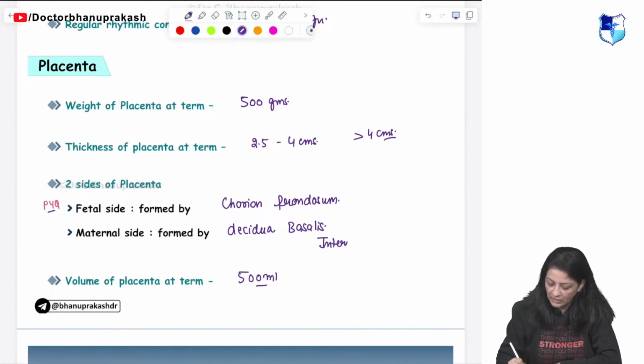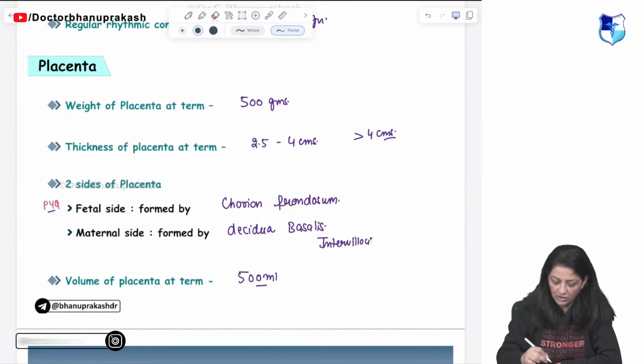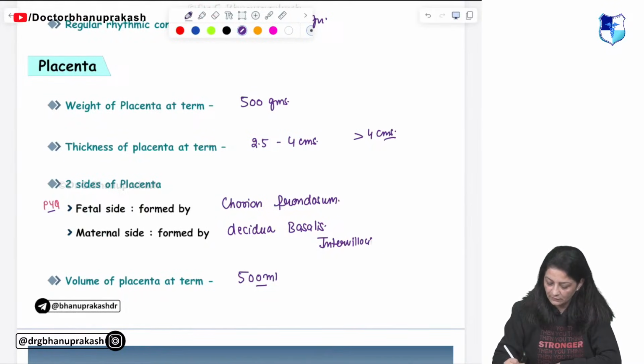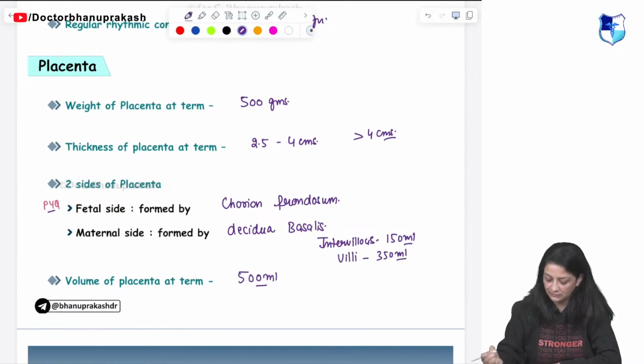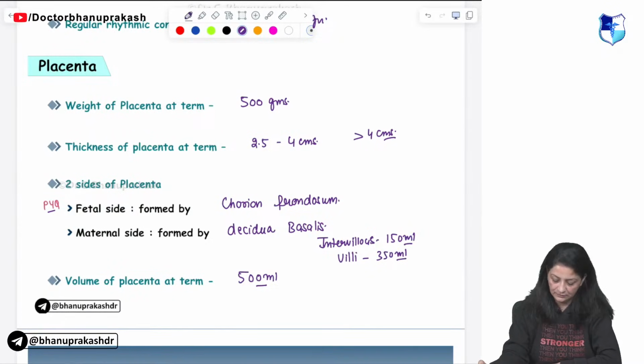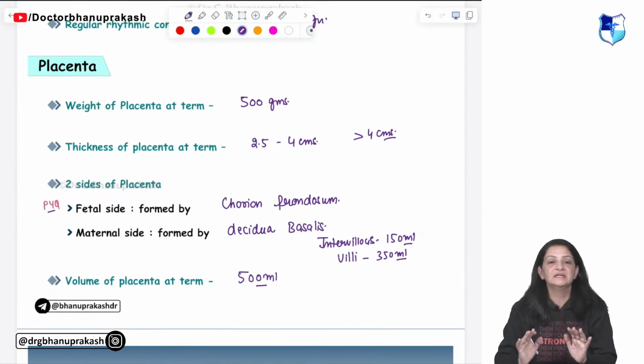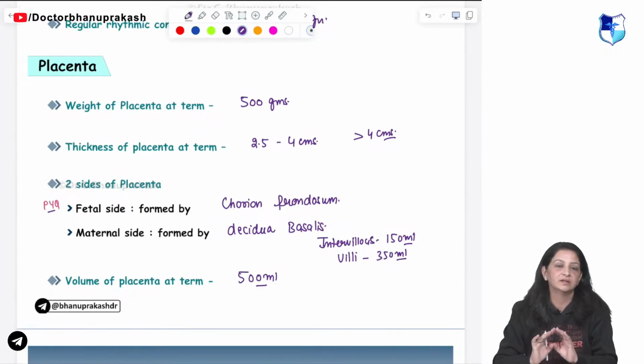In the intervillous space the volume is around 150 ml. On the fetal side, inside the villi, the volume is around 350 ml. So at term, the placenta is composed of fetal blood and maternal blood.